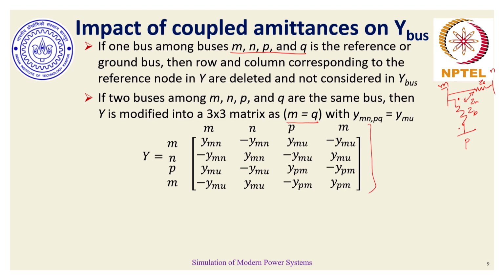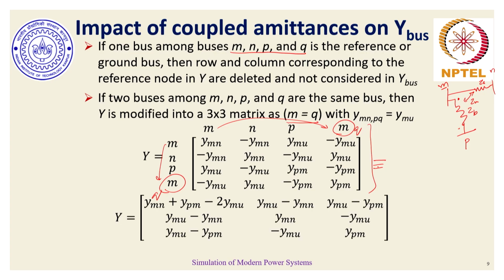And the important part here is that instead of the Q column and Q label coming in, since M and Q are the same buses, the corresponding Q label is replaced by M. And what you would see here is that this can be uniquely compressed as a 3 cross 3 matrix, where row labels are M, N and P, column labels are M, N and P.